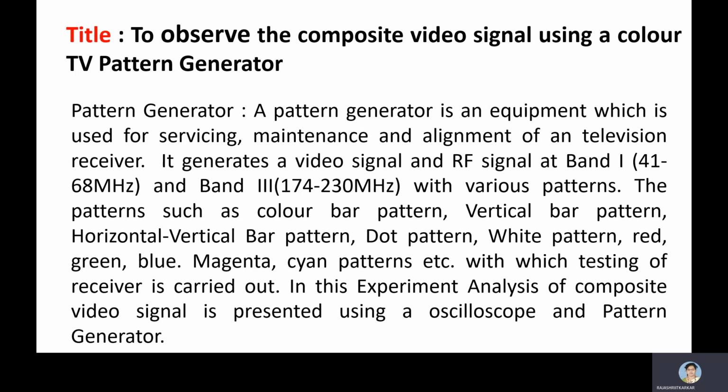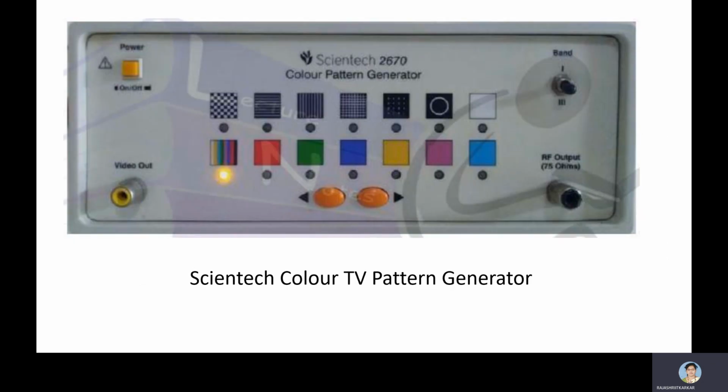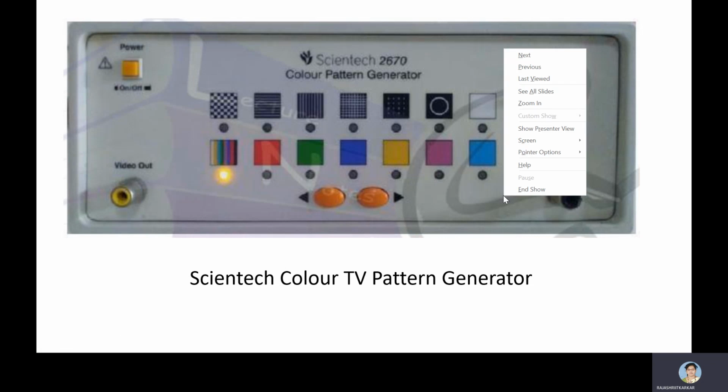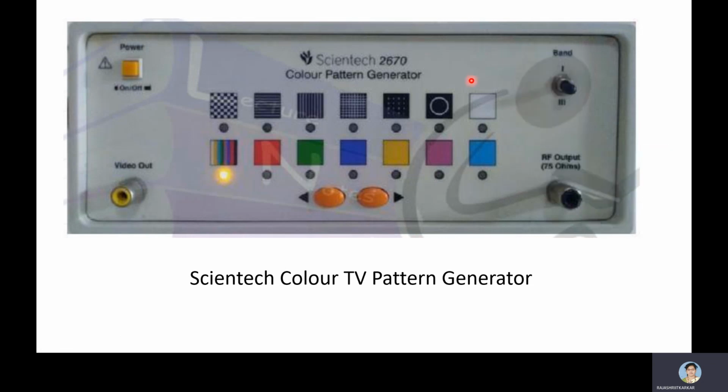Okay, so let's start. I have a pattern generator which I have shown here. It is a Syntec color television pattern generator, model 2670. Now you can see it contains the different patterns which have been generated. These are a color bar pattern, shown over here, a total red pattern, and total white.